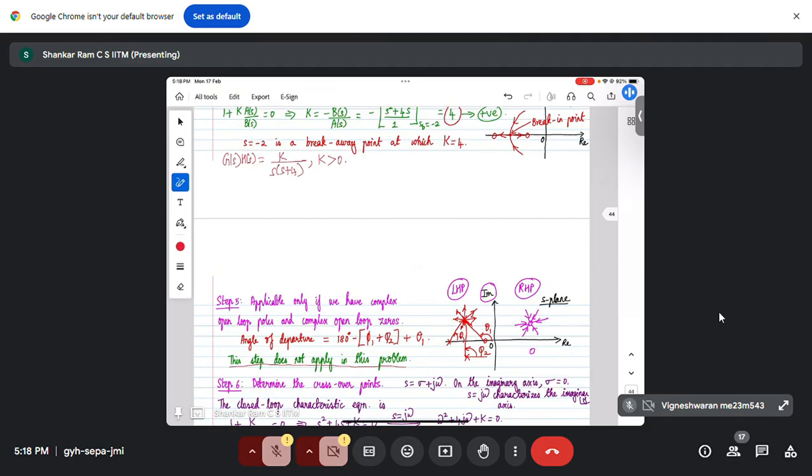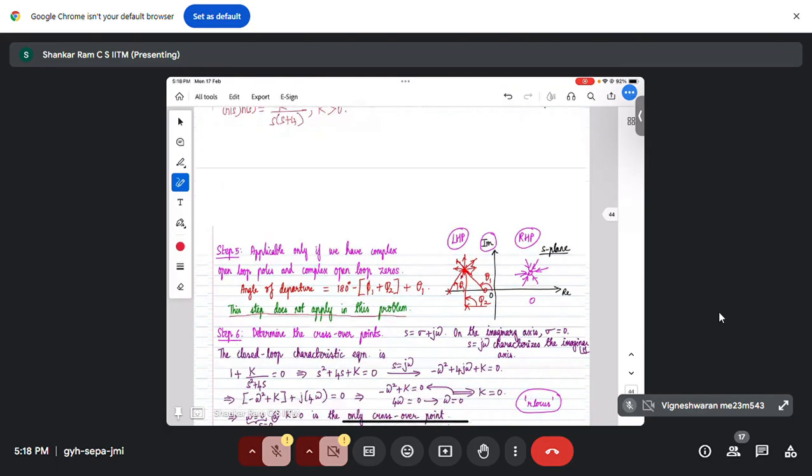But then we are learning the general concepts. So let's figure out why this is the case. Let's say, for the sake of learning, we consider a complex open loop pole, which is here. Obviously the conjugate is also an open loop pole. As we know, one branch starts from an open loop pole. The question is, in which direction does the branch start?